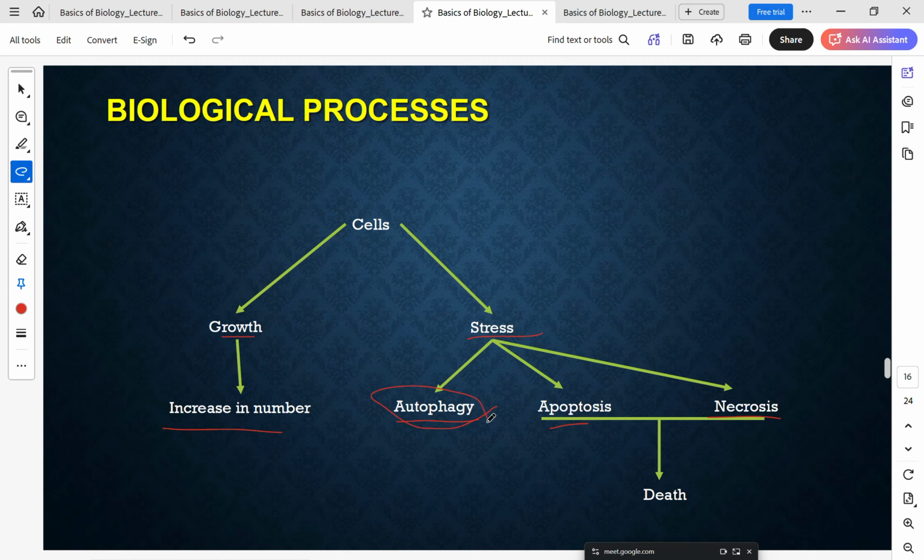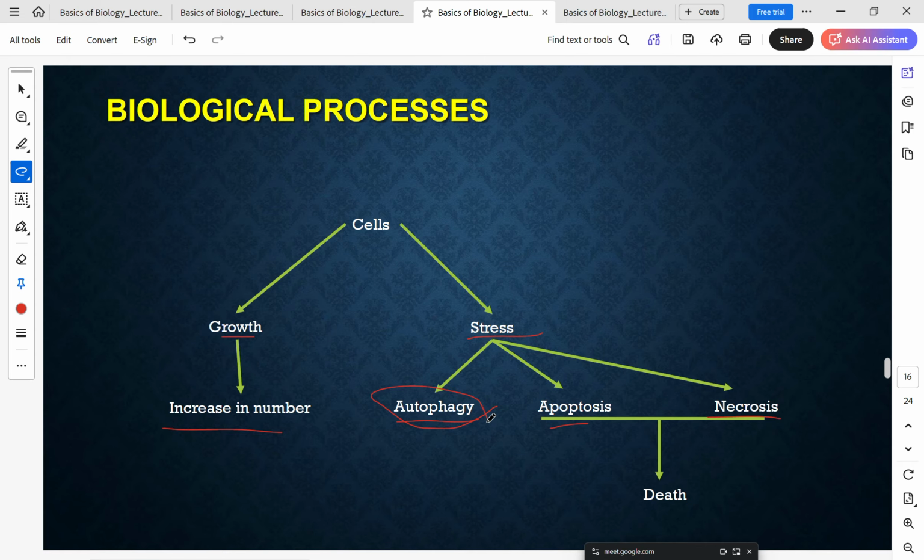Autophagy is self-eating of the cell. So the cell tries to repair the damage by eating parts of itself, the damaged parts, in the hope that it can go back to a growth phase. If autophagy fails, the cell can go into apoptotic phase.